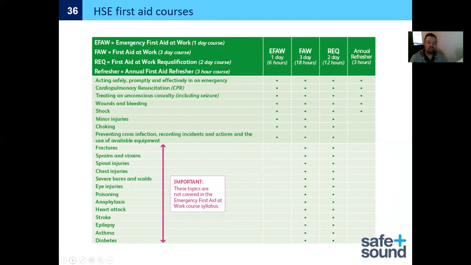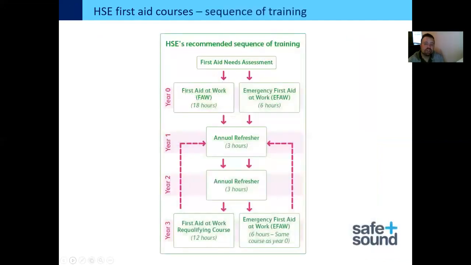The first aid at work refresher course is 2-day, and the annual refresher is a 3-hour course. In those 3-hour courses, you're looking at safety action plans, CPR, treating unconscious casualties, wounds and bleeding, and shock.